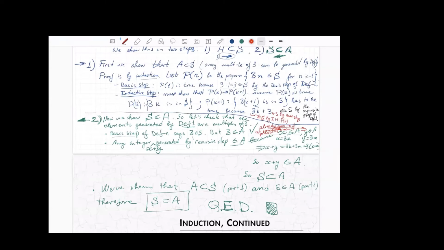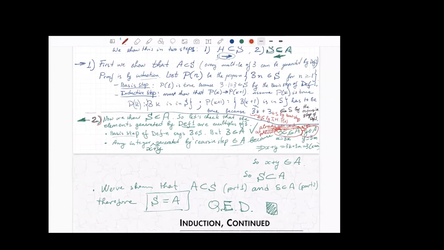That's what simplifies this. It's actually a simple piece if you think about it. If I get to assume they're already multiples of 3 that were generated on some previous recursive steps, then their sum is also going to be a multiple of 3.